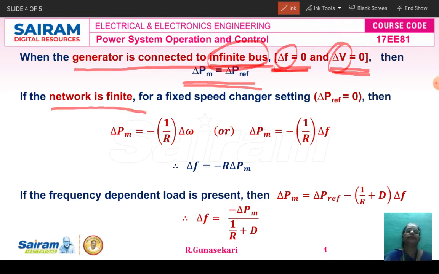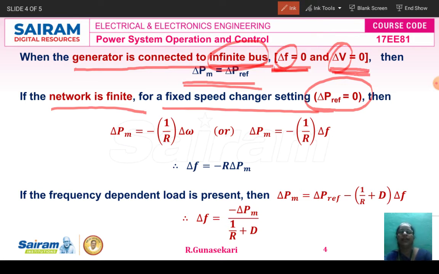Finite bus means frequency also varies, voltage also varies, it's not constant. But in a finite network the speed changer setting is fixed. That means del P reference is equal to 0. So in the previous equation we substitute 0 in place of del P reference.